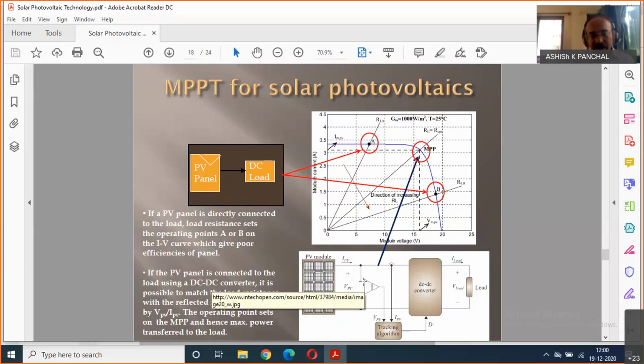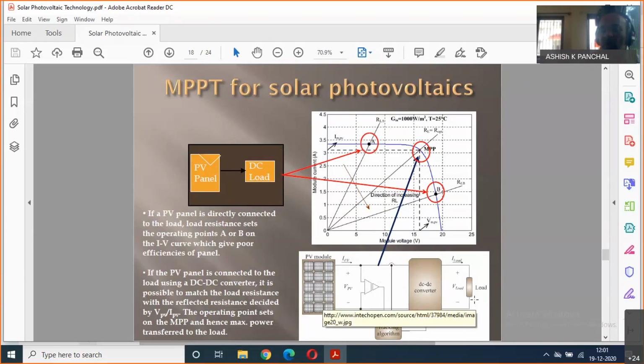You are aware, by giving an example, what will happen if you connect the battery through a converter. So you really appreciate what was required. The battery is also DC, right?